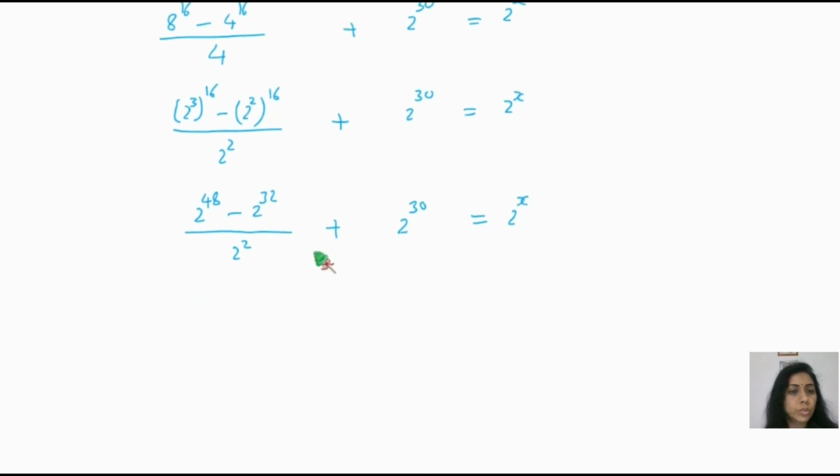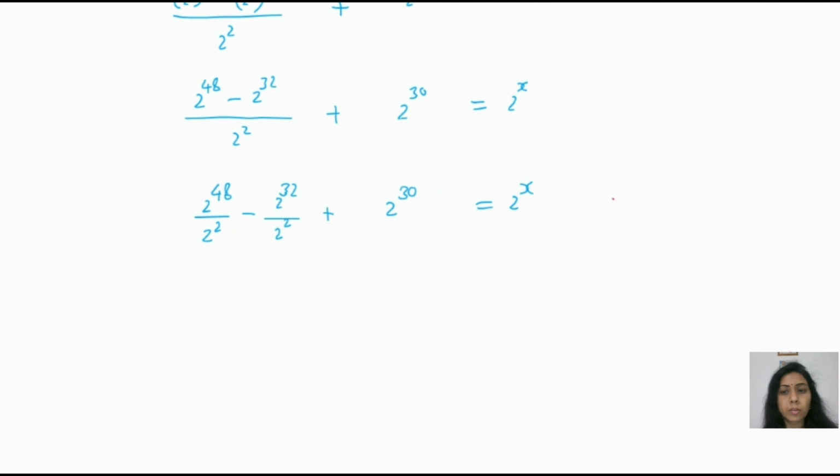Very simple, just do it step by step. 2 to the power 48 divided by 2 square, minus 2 to the power 32 divided by 2 square. Here and here we apply the quotient rule, a to the power m divided by a to the power n. So powers subtract.